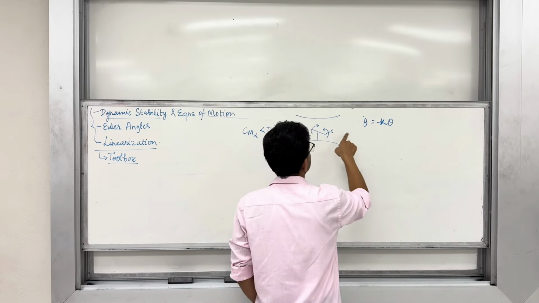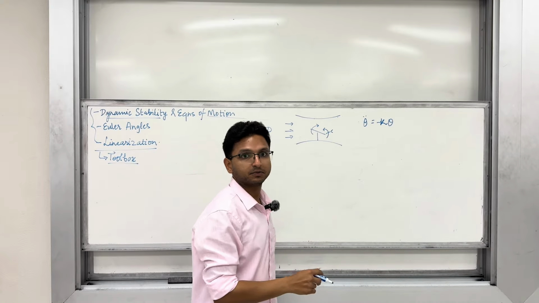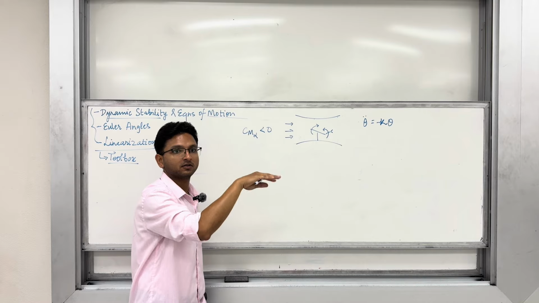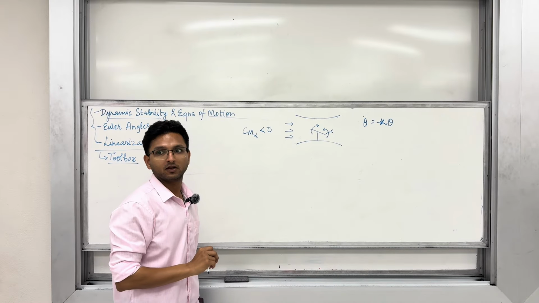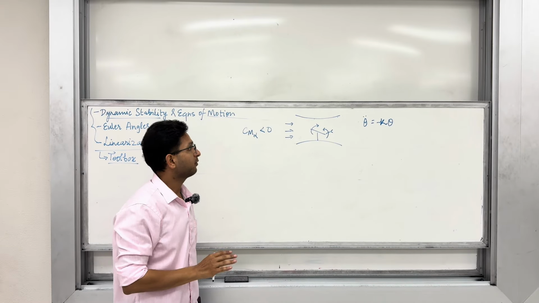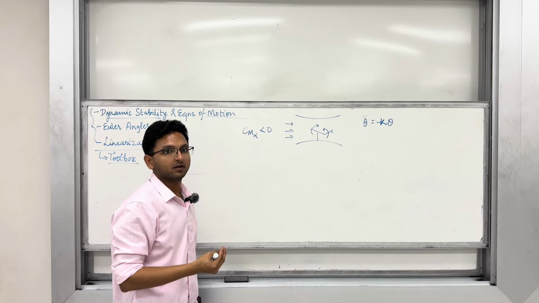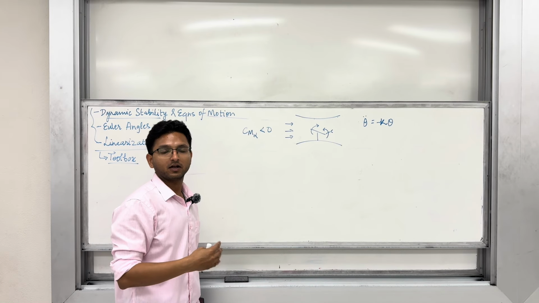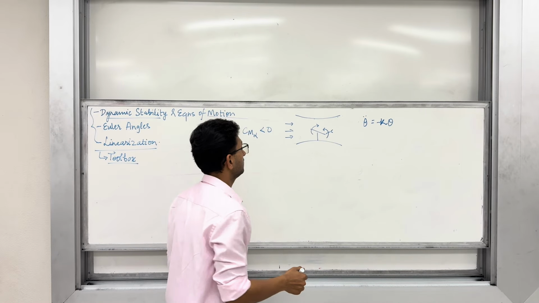So it behaves as a mass spring system, which means that your aircraft is going to keep oscillating, which is not desired. So we want some kind of damping. How are we going to introduce damping? We will see that when we write down the complete equations of motion.